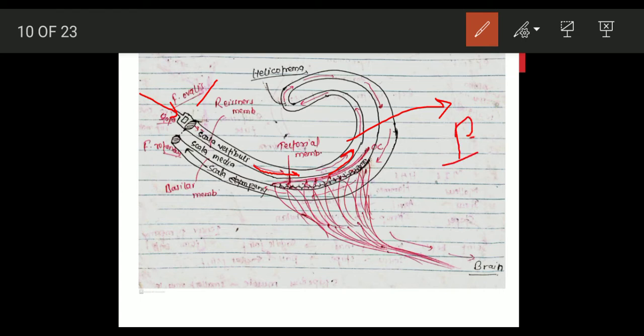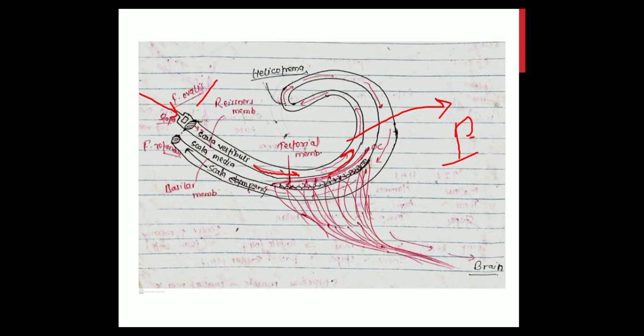Now let's first discuss the structures. So this is the cochlea. Let's go from the beginning. It has three parts: the scala vestibuli, scala media, then scala tympani.